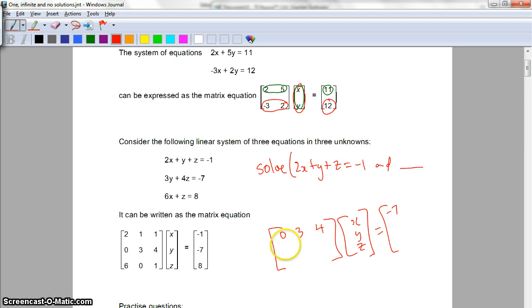Then the next row, 6, 0, 1, equals 8, and the last one, 2, 1, 1, gives negative 1. Because if I multiply these out, 0 times x plus 3 times y plus 4 times z equals negative 7, I still get back to that equation. So this matrix is equivalent to this matrix over here, because when I multiply them out, I get the same equations. It's important to know that we can do that.